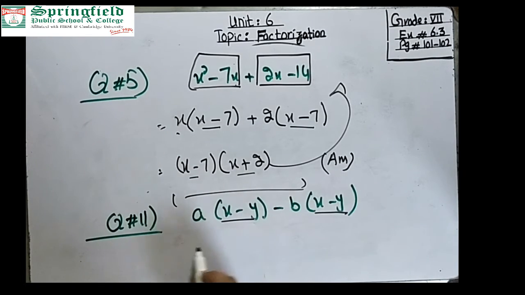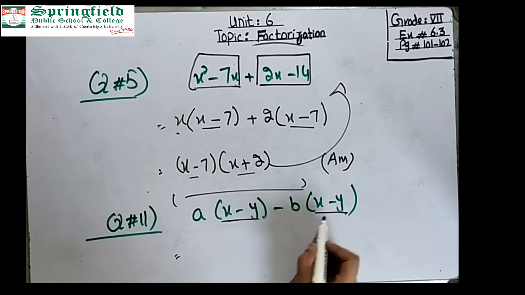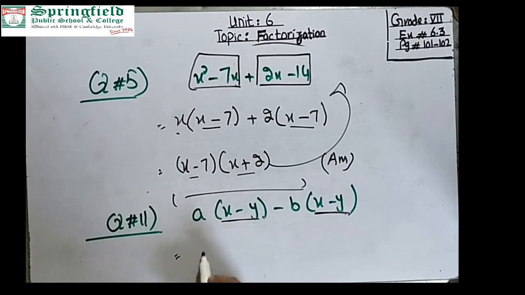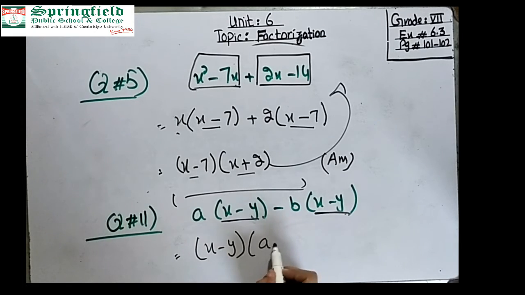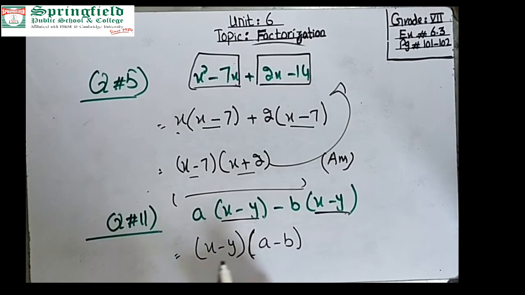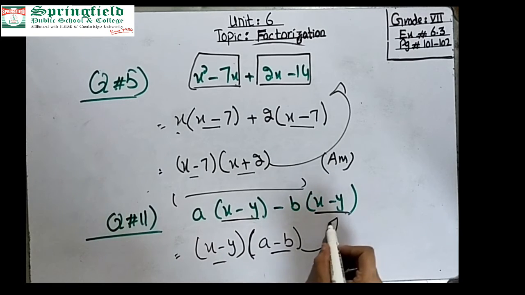Look here, x minus y is common. So we can take x minus y common, and a minus b is left inside the bracket.